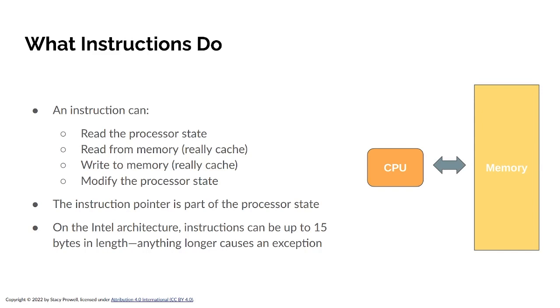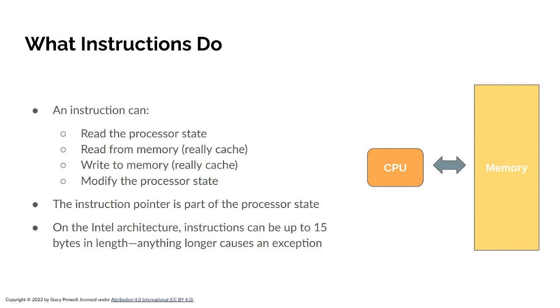The processor has some control registers, and it has certain operating modes. And you can read all of that. You can read from memory. Really, you're reading from cache, but you can read from memory. Another way to think about that, which is maybe more correct, is that I can communicate with the cache controller. And in fact, that's more correct because I can do things like tell the cache controller to flush a line.